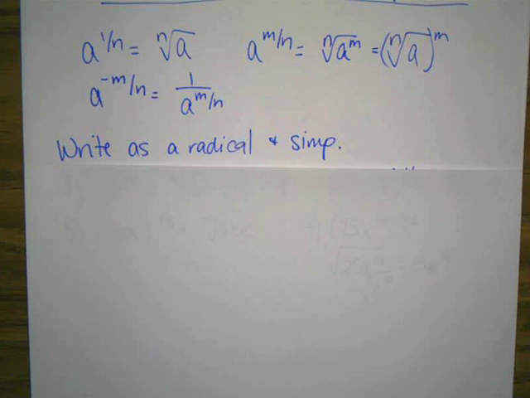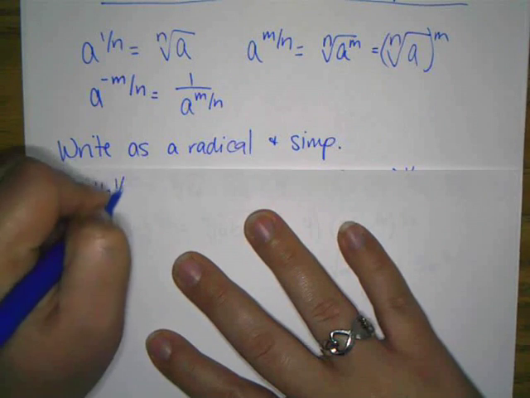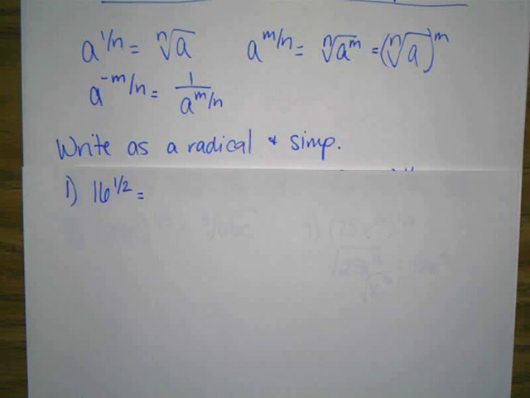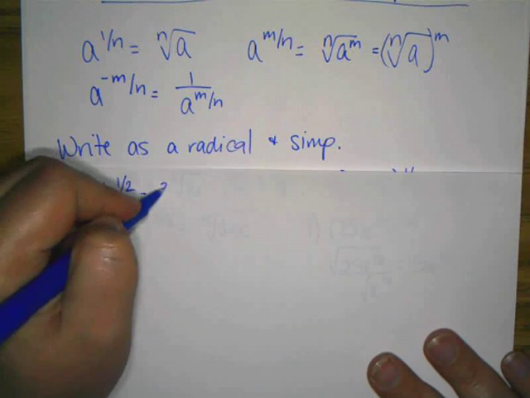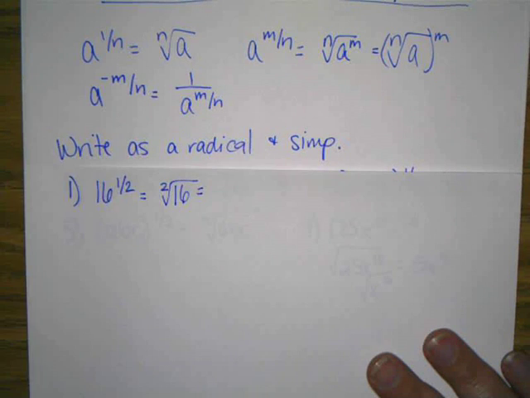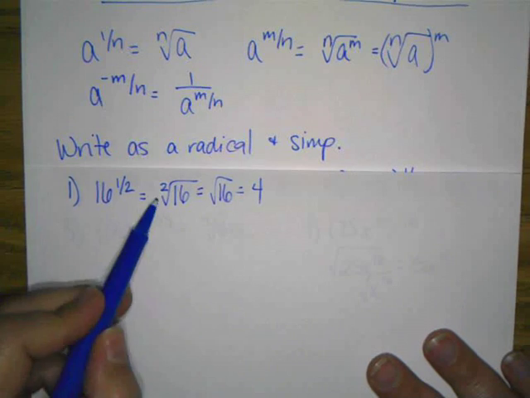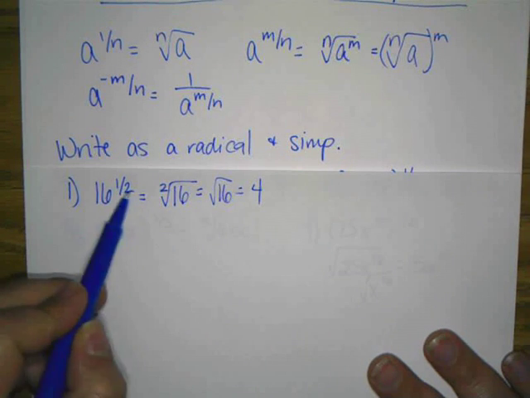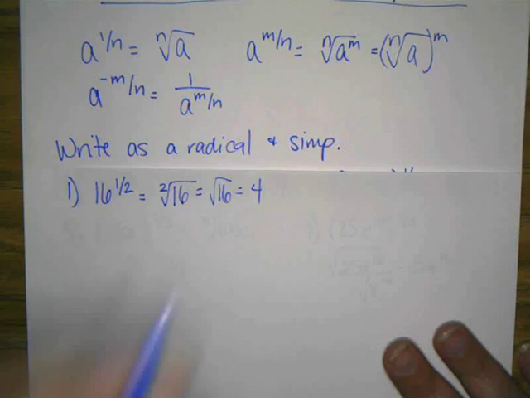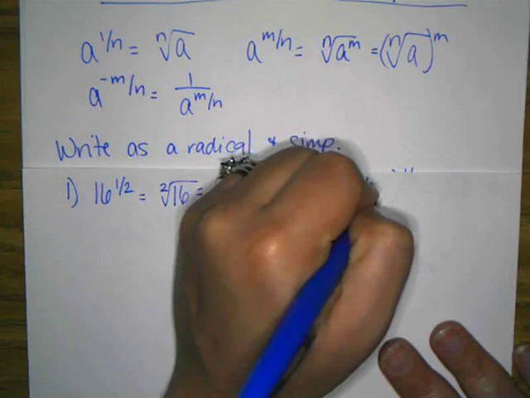And now we'll practice, right, as a radical and simplify. So the first one is 16 to the 1/2 power, and so we take that denominator is a 2. The second root or square root of 16 is basically square root of 16, which is 4. So that number is obviously implied, but I was just showing you where it comes from. Number 2, the negative 8 to the 1/3 power.